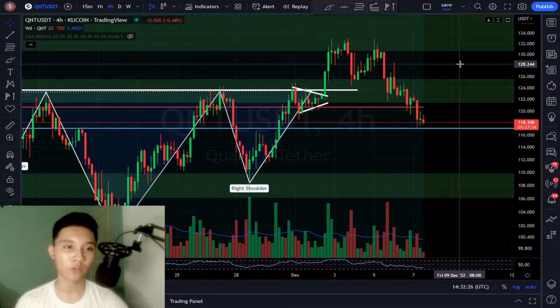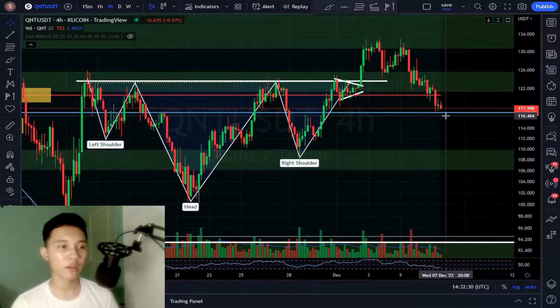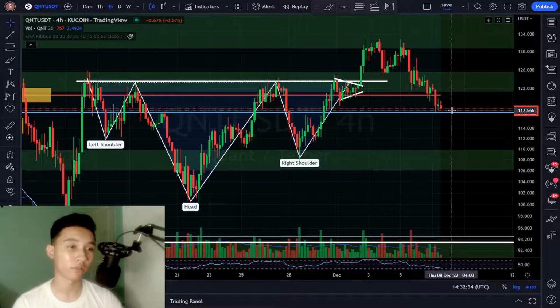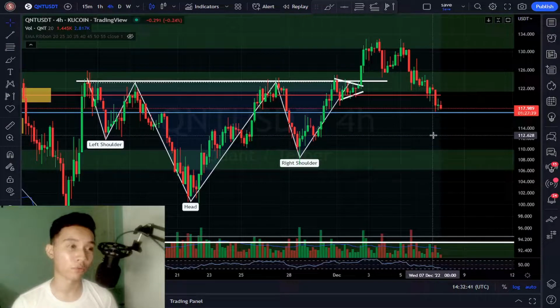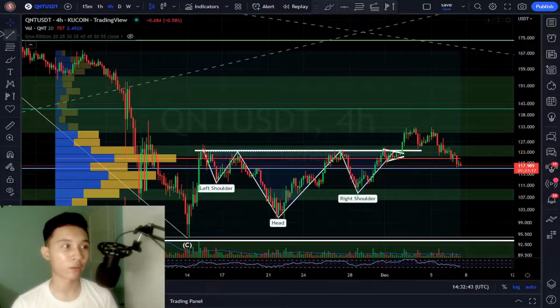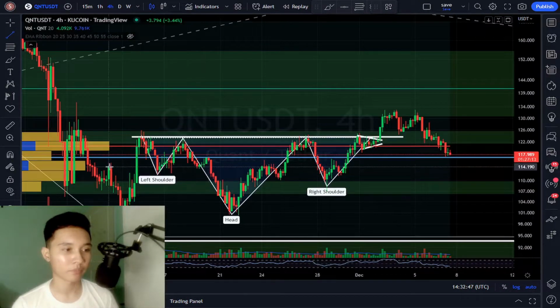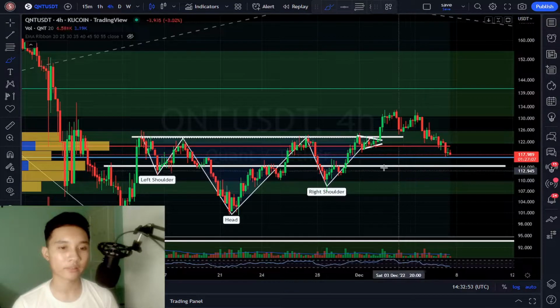So what's gonna happen right now for Quant? Now I'm gonna explain it. There is actually one more very important level that Quant must stay above, because if we do break below this important level, then it is going to be looking very dangerous for the Quant price. And I am talking about this support and resistance level where this white line is at.